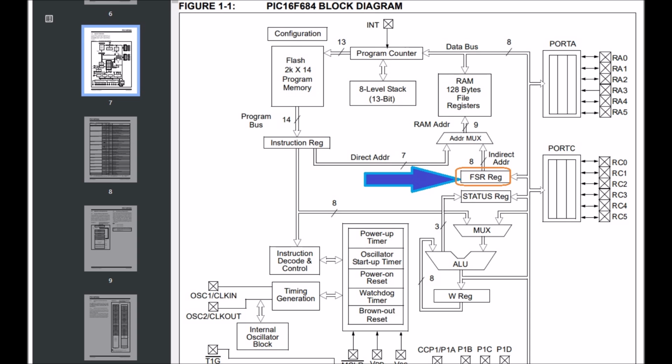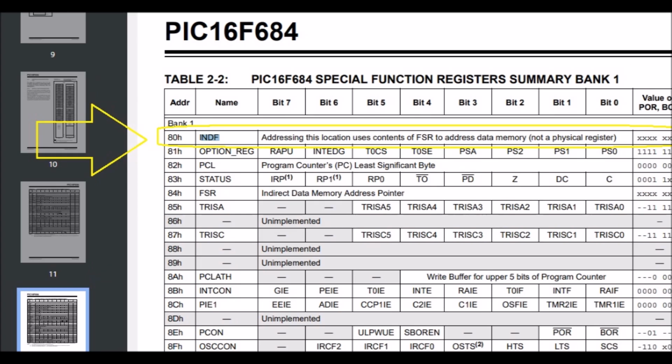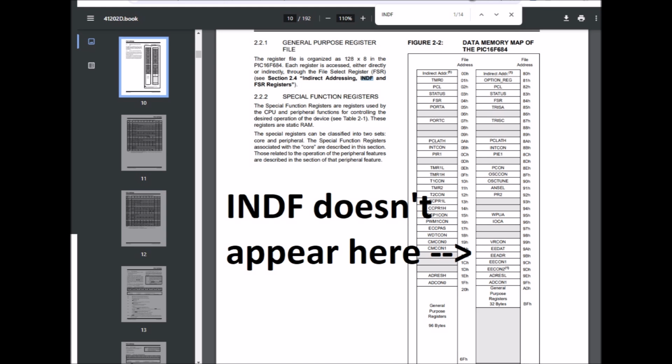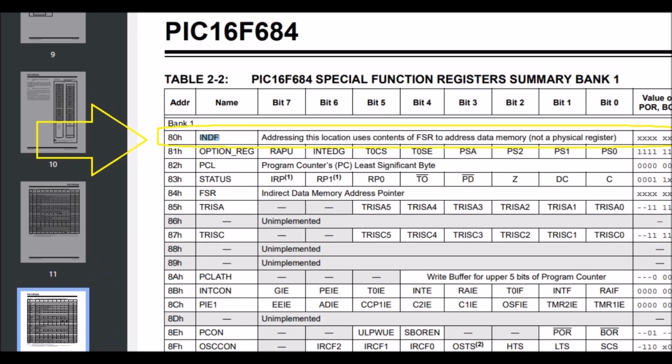When you perform operations on the INDF register, the actual operation is performed on the memory location pointed to by the FSR. The INDF is a pseudo-register and does not have a physical address. Instead, it acts as a proxy for the address held in the FSR.